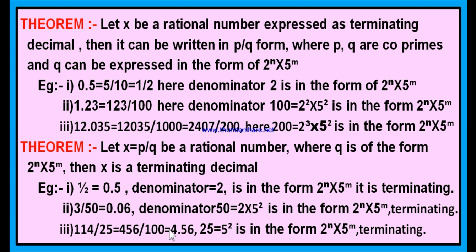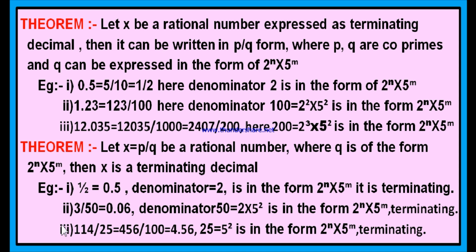Let us convert it into a decimal number, which is 4.56. Now if you observe the given fraction, the denominator is 25. 25 can be written as 5 square, which is in the form of 2 power n into 5 power m. Now if you convert it into a decimal number, you will get 4.56. It ends there. Therefore it is a terminating decimal.